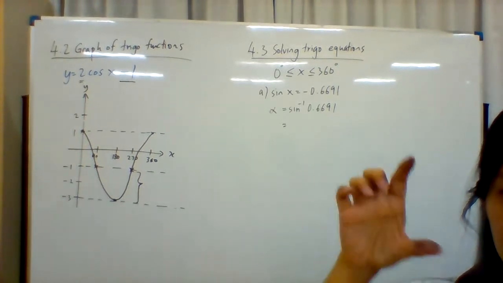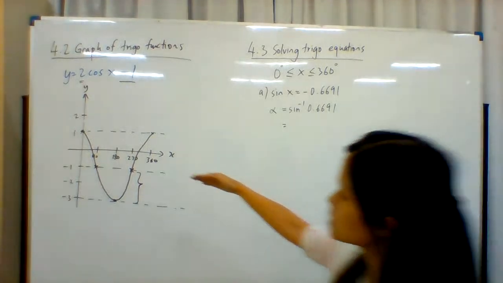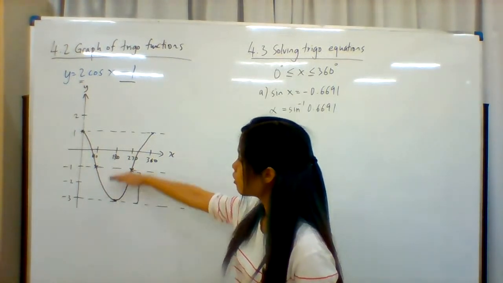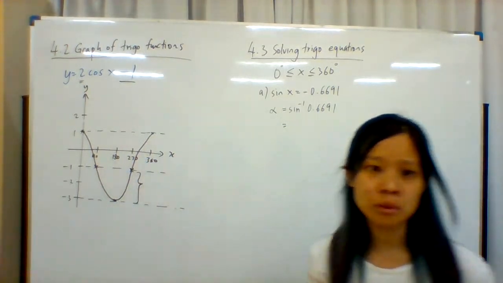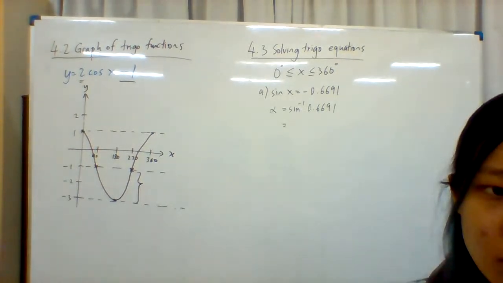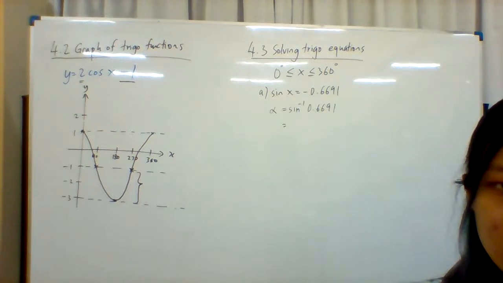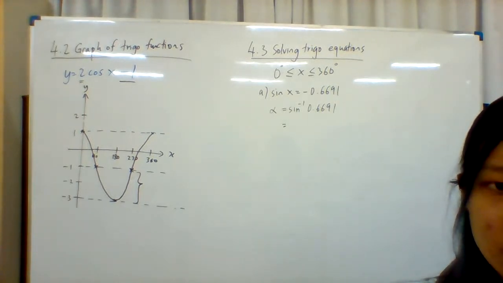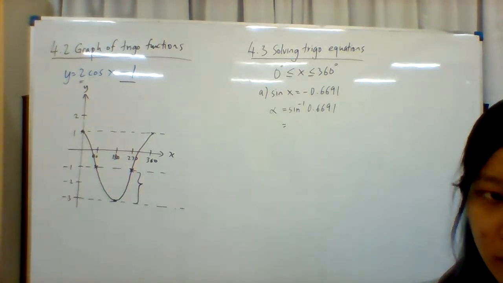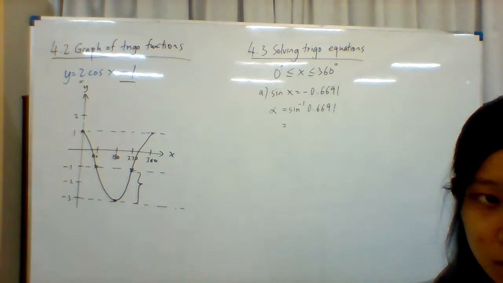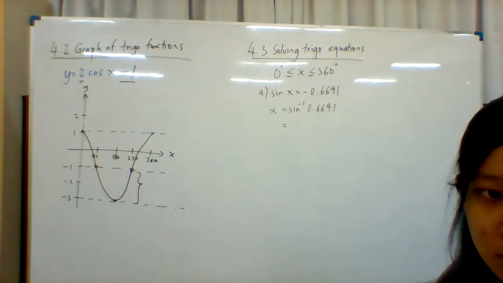Amplitude is the height from the baseline to the minimum or from the baseline to the maximum. That's your amplitude. Okay, everybody clear for 4.2? So I'm going to move on to 4.3.